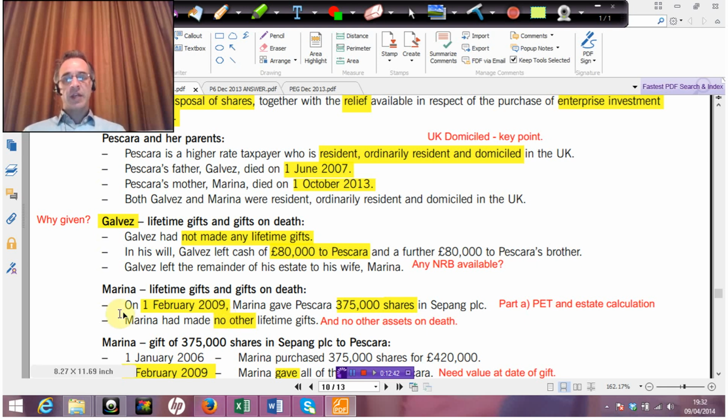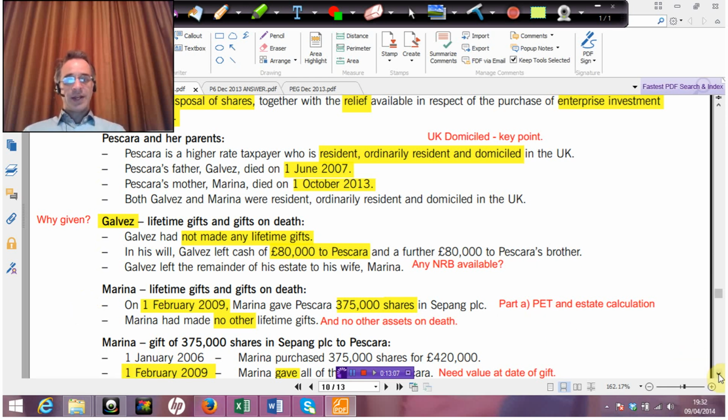But when we read down an answer like this, we have to think about laying out that basic computation in lifetime. We know what that looks like, we'll see it in the answer. Essentially, that's the value of the gift, less any annual exemptions that are available, less any nil rate band, and then we get the net gift.